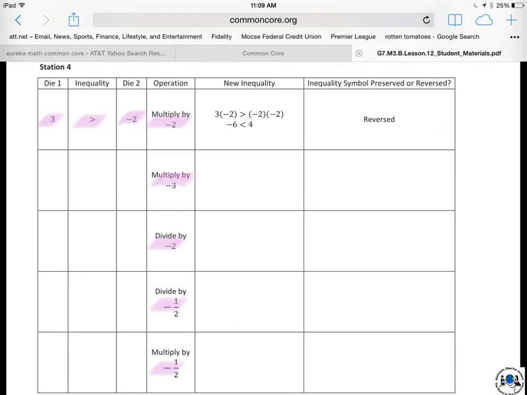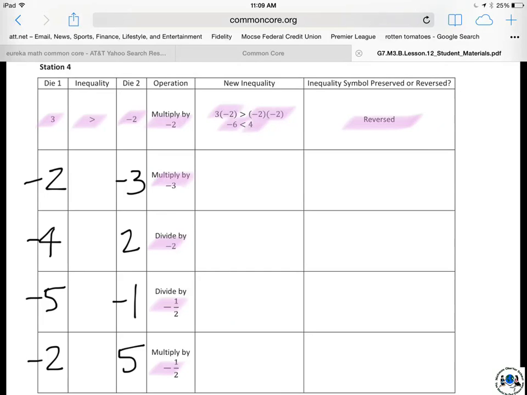And if we multiply by negative 2, we turn that into negative 6 and turn that into 4. And of course, as we have seen in the past, multiplying by that negative is going to reverse the inequality symbol. Okay? So let me go ahead and roll some dice, get back here with some numbers for you, and then you can get going.